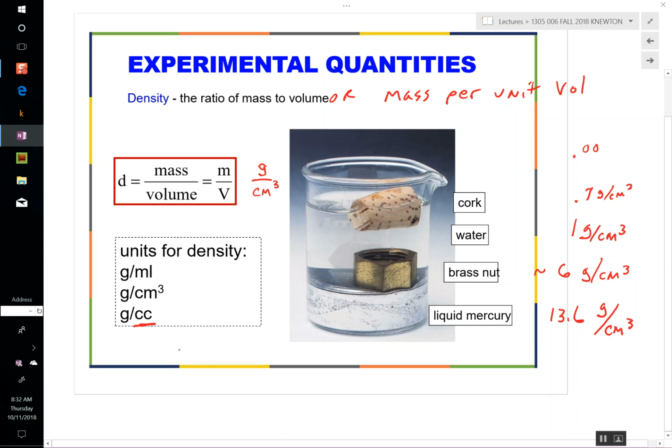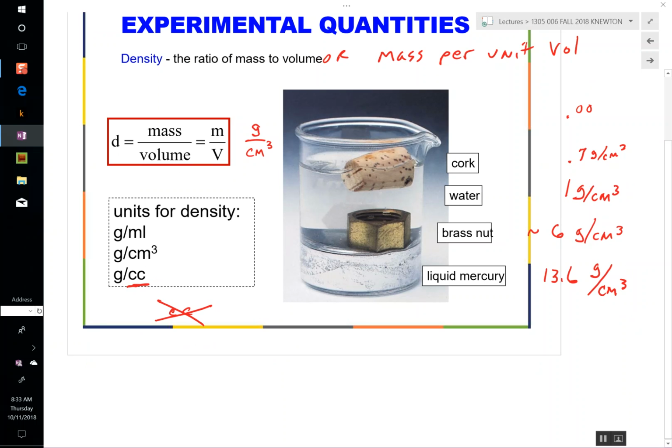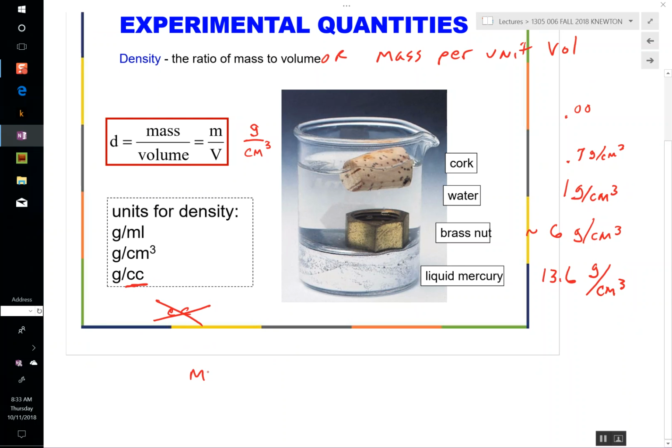This cc used to be used in hospitals, like it'd say give 1 cc or 8 cc's. They've eliminated that. Most hospitals said we're not using that anymore. They will say milliliters.